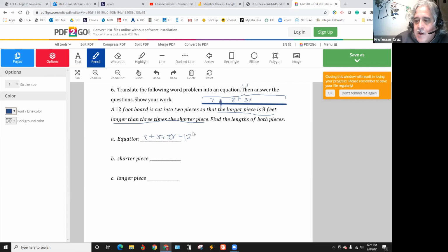I'm going to combine the x's, so 4x plus 8 is equal to 12. So x is equal to what?